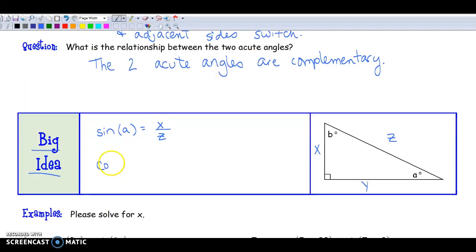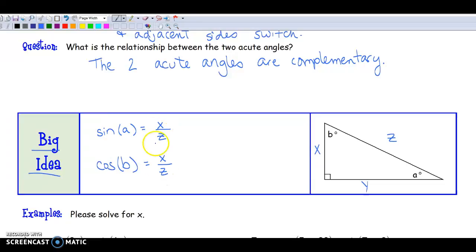And we know that if we do the cosine of the other angle, in this case B, it should be the same thing, because that's what we just talked about up there. Cosine of this angle will be adjacent over hypotenuse. Adjacent would be x, and hypotenuse is z. And so if you notice, they are the same thing.